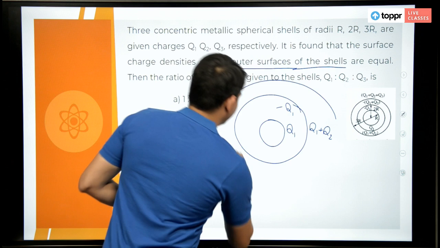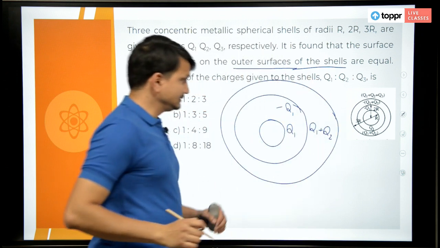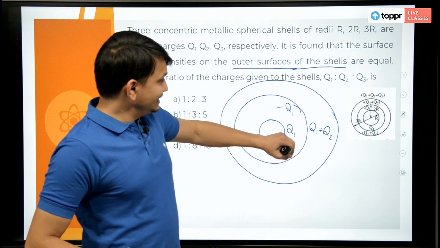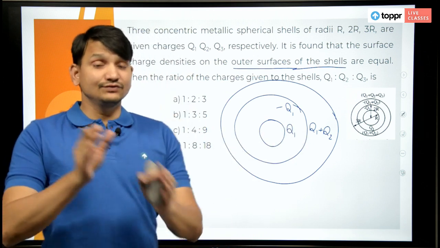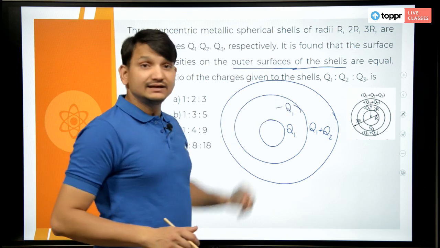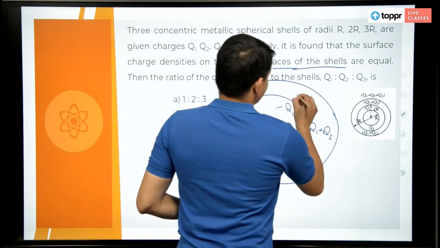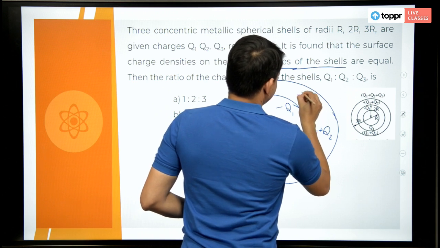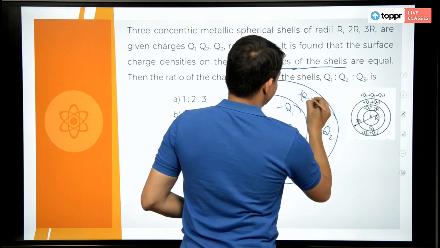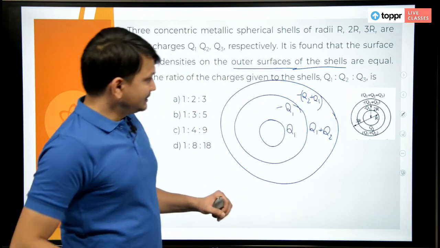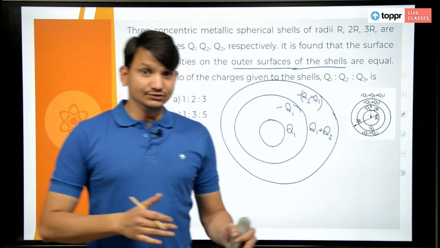Now we have our third shell. If we have Q1 and Q2 here, we must have minus Q1 minus Q2 on the inner boundary of this shell, but the total charge is Q3.